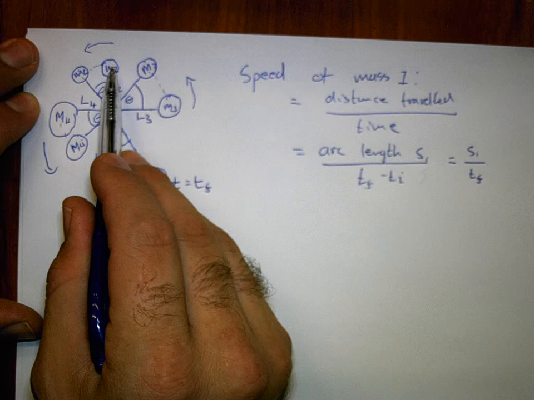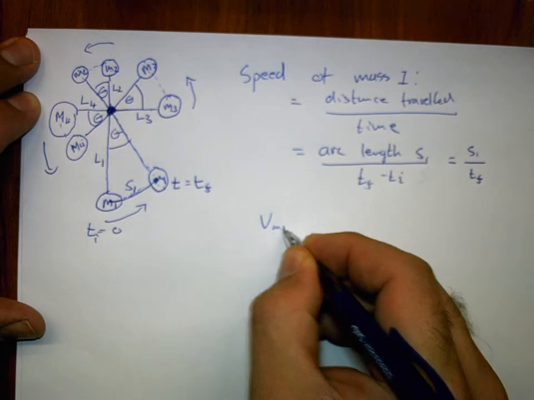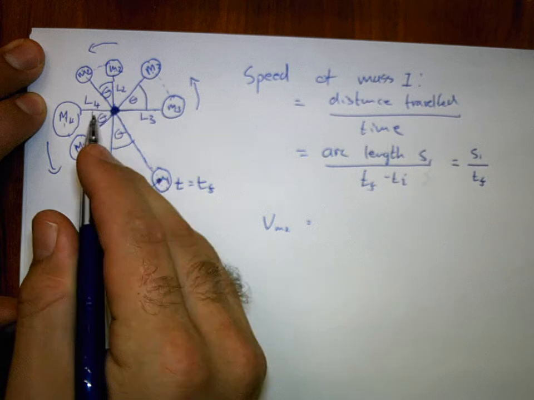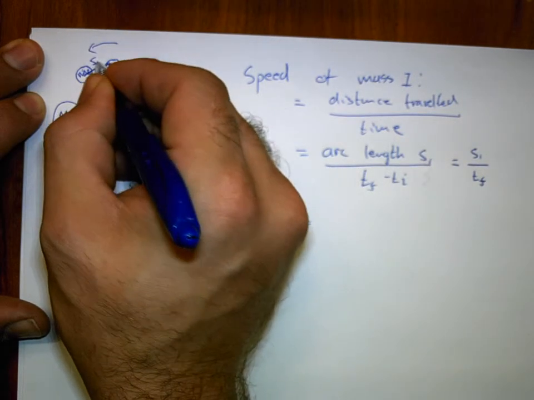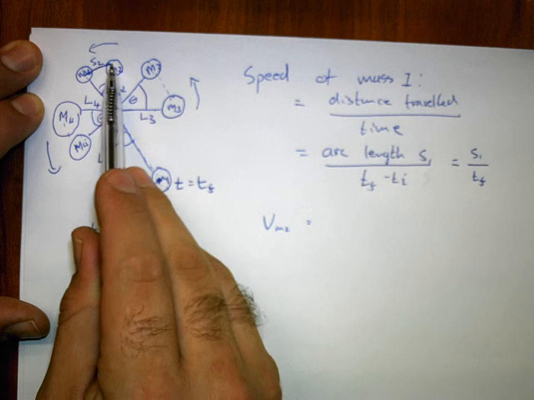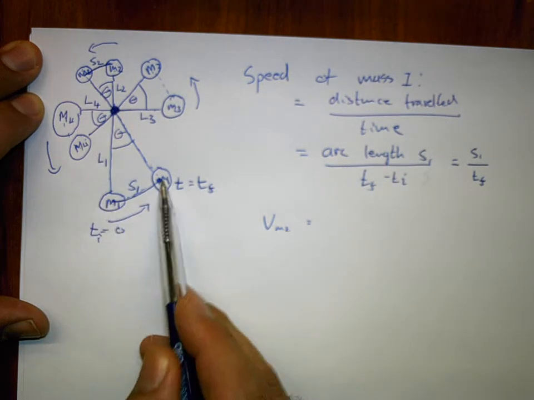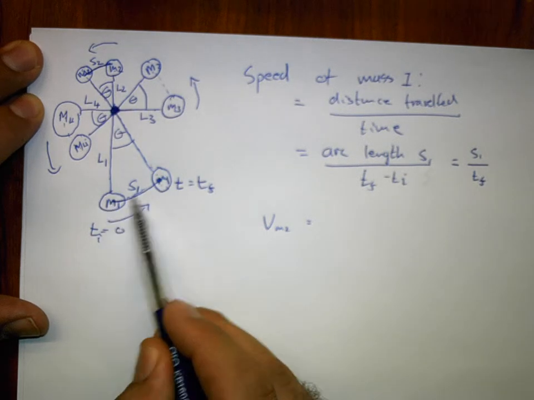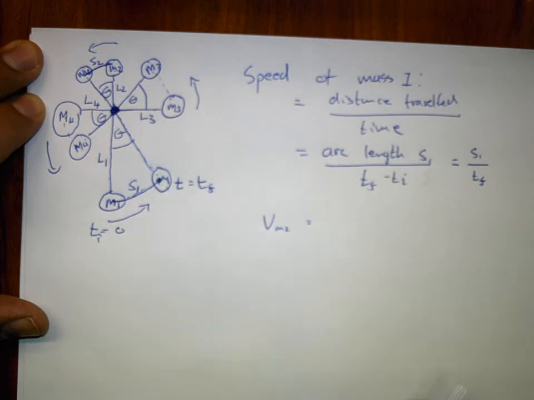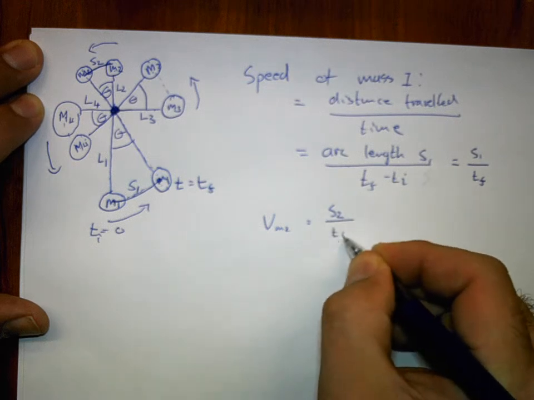If we look at, for example, mass 2, the speed of mass 2, so that one over there, it travels this length of arc, so let's call that S2. Now you can see already S2 is shorter than S1, so that little bit of arc is shorter than that little bit of arc. So this will be S2 divided by the same amount of time.